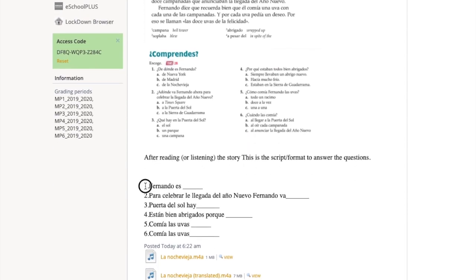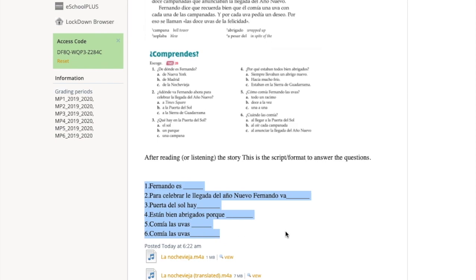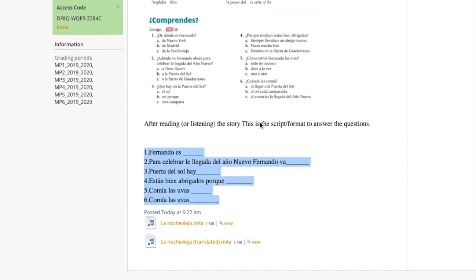And you can just copy all of that into a Word document, or even write it down. Write in your answers from your option choices, like I said earlier. Practice saying it, practice your words, practice your pronunciation, and then you will submit. Those are the 2 assignments that will be due by Friday.